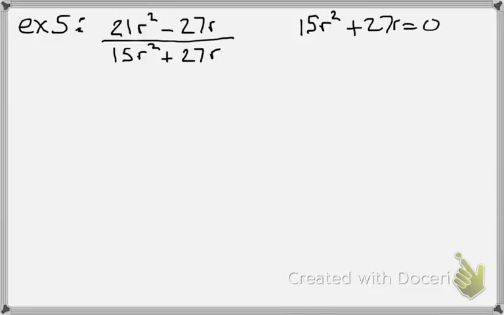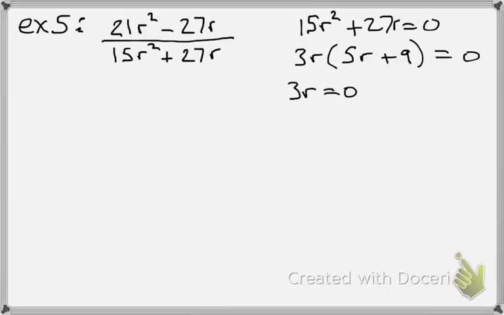Now to solve, I'm going to factor. I can factor out a 3r from both of those. That's going to leave me with a 5r plus 9, all of that equal to 0. Now I have two things being multiplied together to equal 0. So I'm going to set each one separately equal to 0 and solve from there.